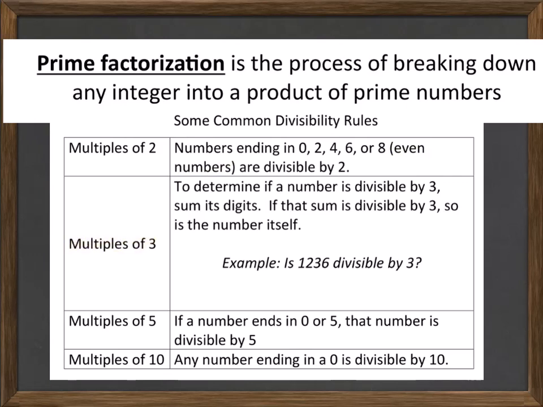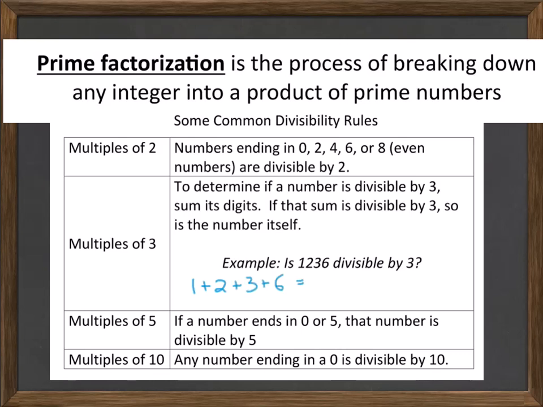So there's a fun trick to figure out if something is divisible by 3. What we can do is sum its digits. When we add the digits of the number together, if that sum is divisible by 3, so is the number itself. So let's take the example of 1,236. That's a very large number, and you probably don't know off the top of your head if it's divisible by 3. So by summing the digits, we're going to add the digits 1, 2, 3, and 6 together.